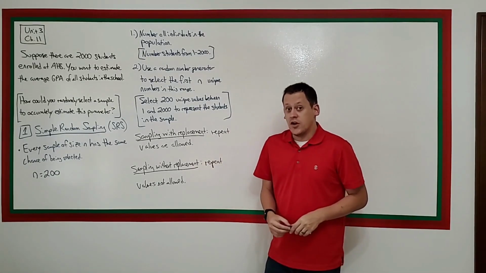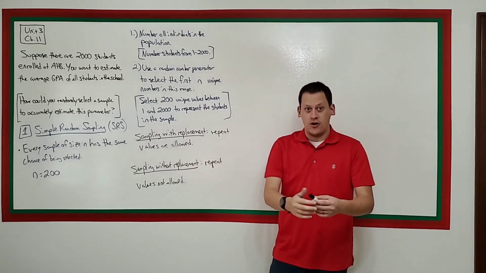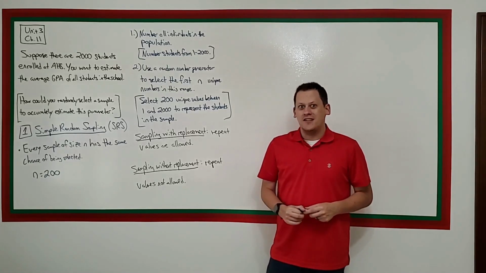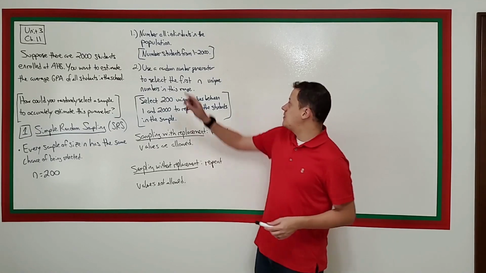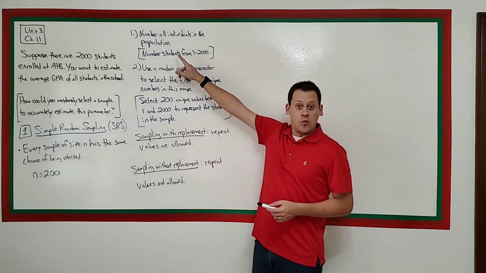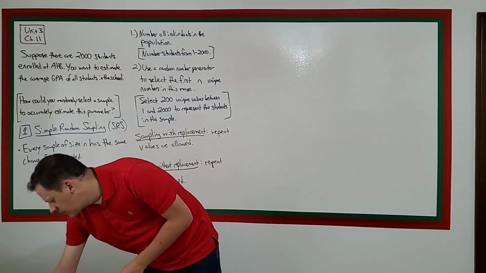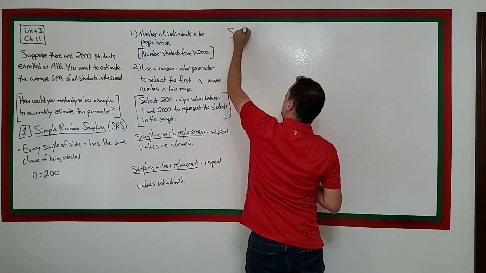Another thing that's important to know here, in order to create a simple random sample and actually carry it out, you need to have a list of all of the individuals in your population. If you don't, it's going to be very hard to do step number 1. So you actually need to have what's called a sampling frame.